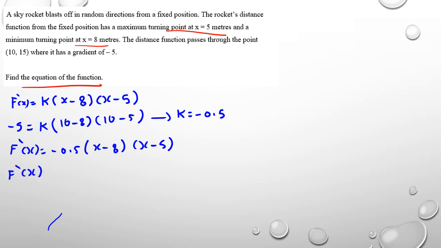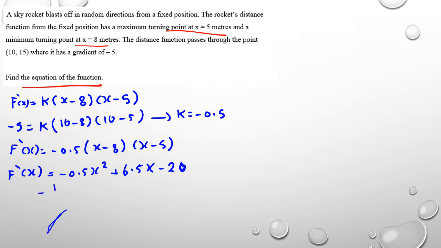So I will expand. I end up with negative 0.5 times, expand and simplify, x squared minus 13x plus 40. Now I need the equation of the distance function. So that's why I will have to integrate, or anti-differentiate. Anti-differentiate that: add 1 to the power, divide by the new power.